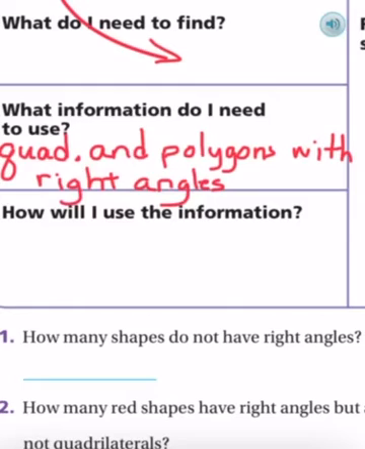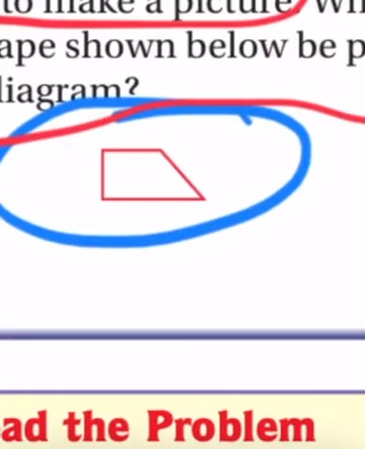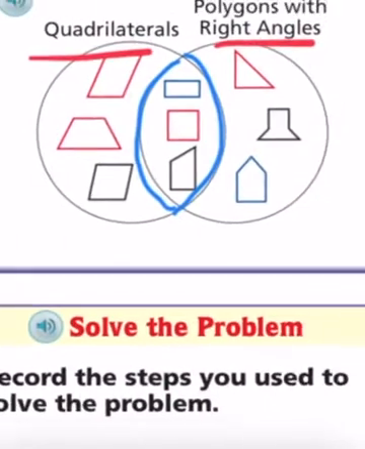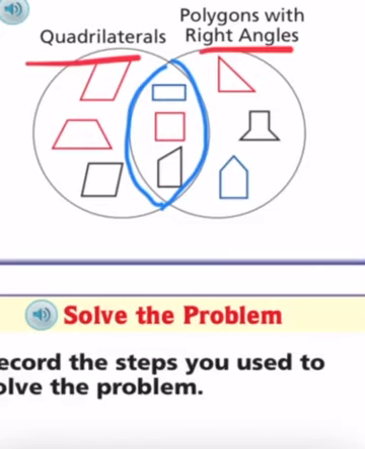Those are the two things we're really paying attention to, especially when it comes to our shape that we're looking at. Okay, and then how will I use that information? We are going to just look at, and you don't have to write this down, the characteristics of our shape and see where it fits in this Venn diagram.